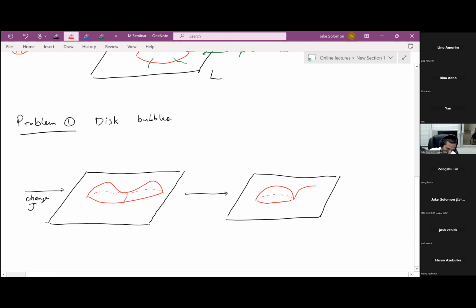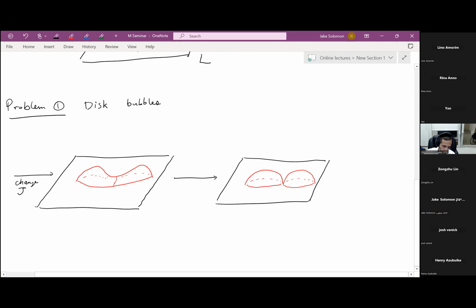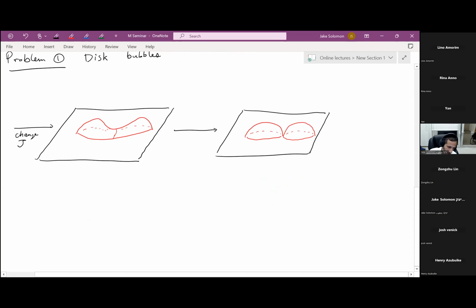This is what you call disk bubbling, because a single disk splits into two, like a kind of stable degeneration. And then eventually, after the disk bubbles off, there's nothing left. At this point, you expect the count to change.